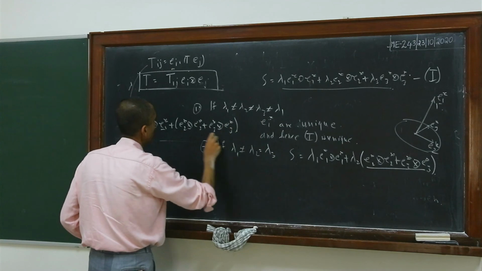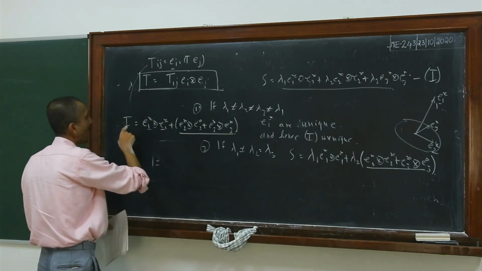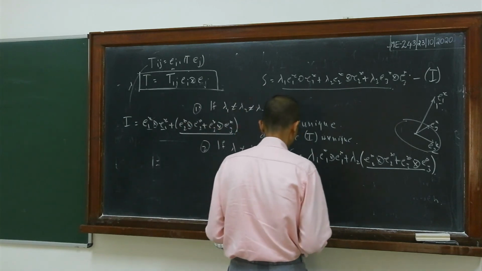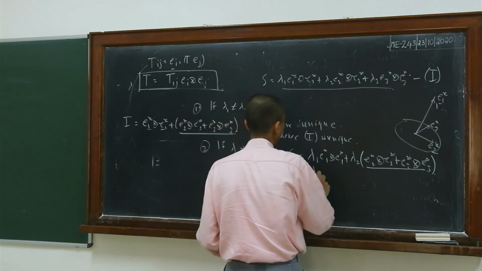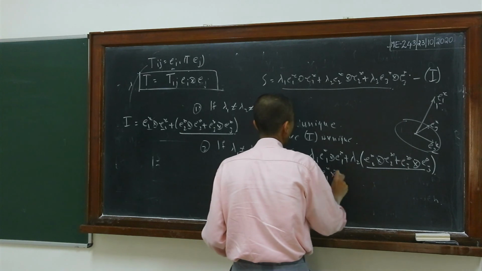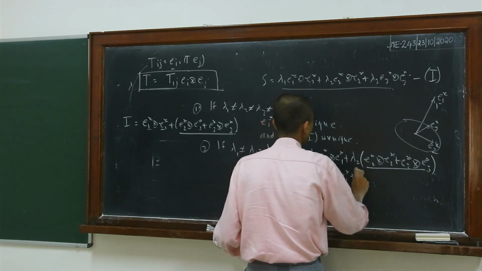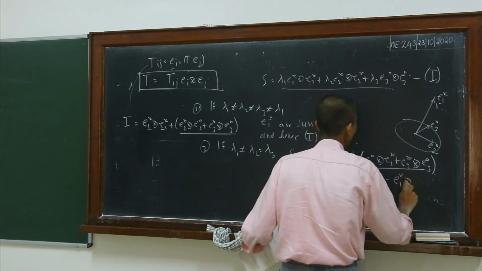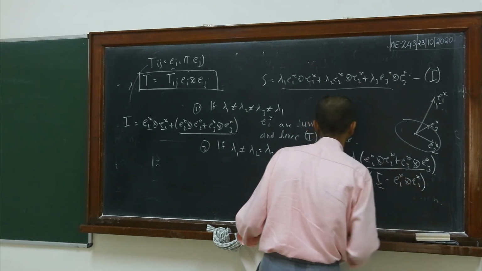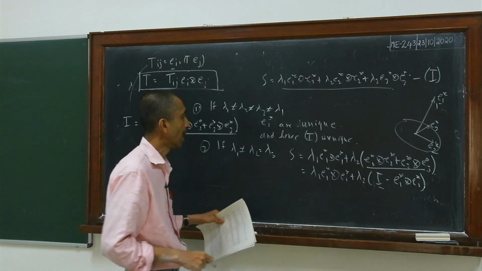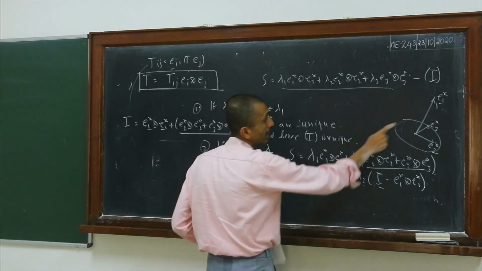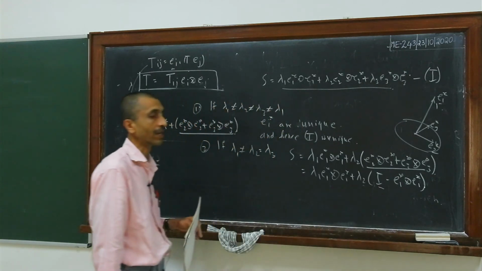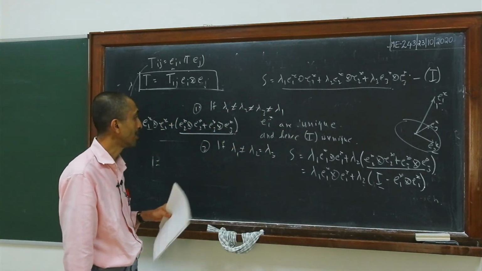So I can replace this part by I minus E1 star dyadic E1 star. What I get is S equal to lambda 1 times E1 star dyadic E1 star plus lambda 2 times (identity minus E1 star dyadic E1 star). In this case E1 star is unique, and hence the spectral decomposition is unique even if two eigenvalues are repeated.